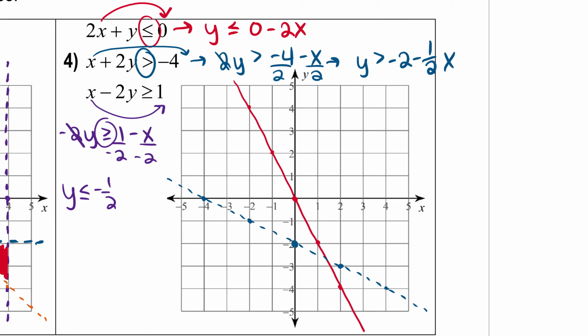And negative 1 over negative 2 is plus 1/2 x. So I don't know exactly where half is on here, but that's okay. It's just between 0 and negative 1. And from here I'm going up 1 over 2. So I go up 1 to the middle over 2. I just stay in the middle. And our sign is underlined, so we have a nice solid line.